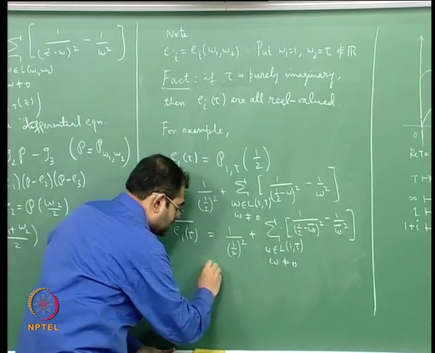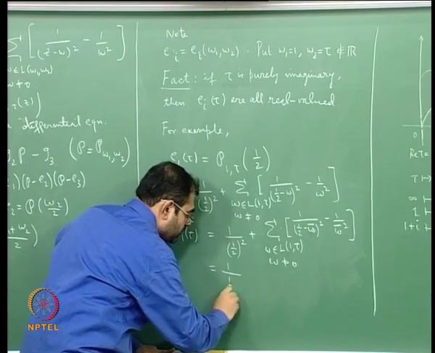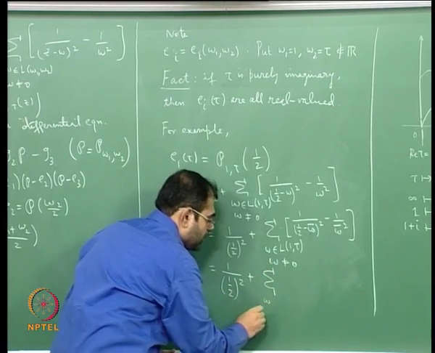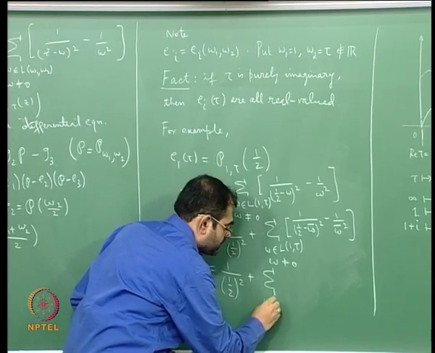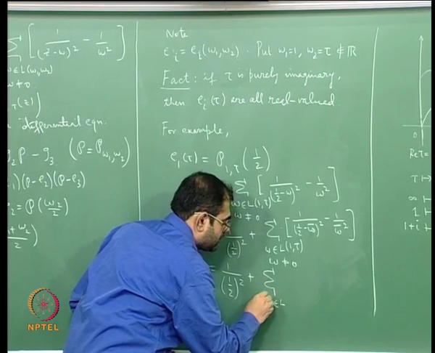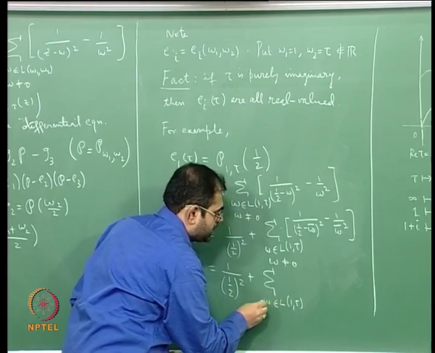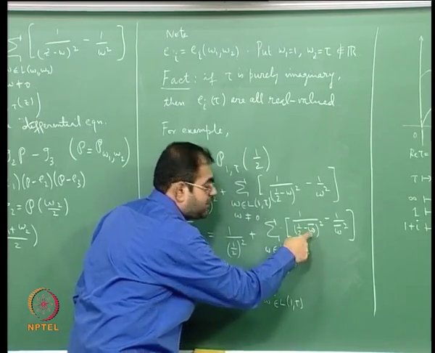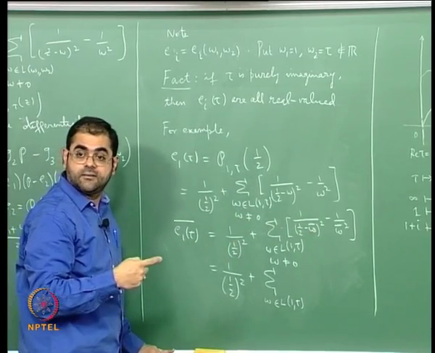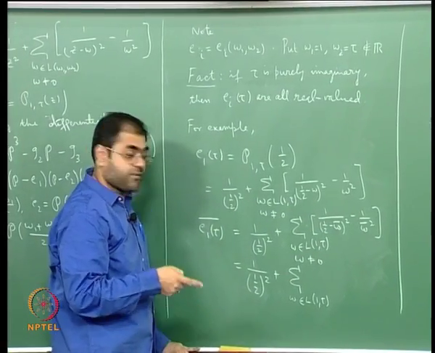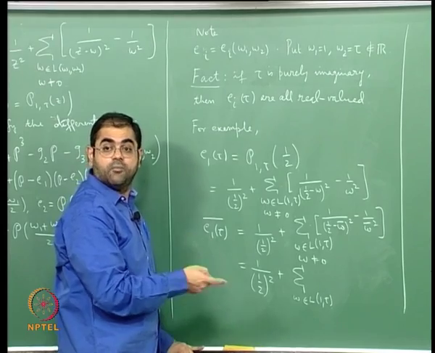So this can be written as 1 by 2 the whole squared plus summation over omega belonging to L of 1 comma tau. Now I replace omega bar by omega in this summation, and I will have to replace tau by tau bar.